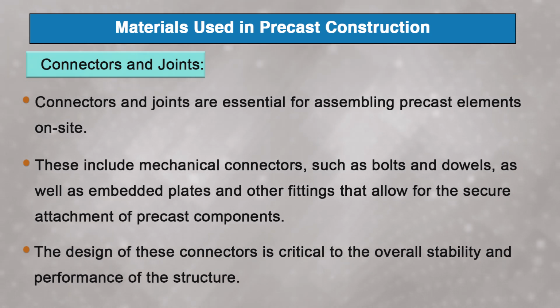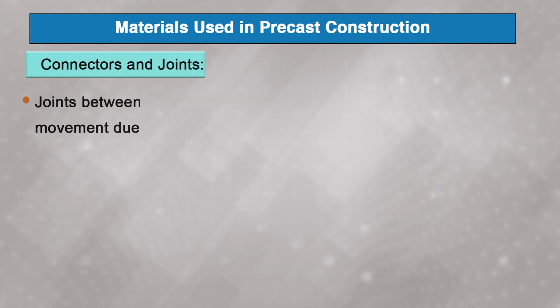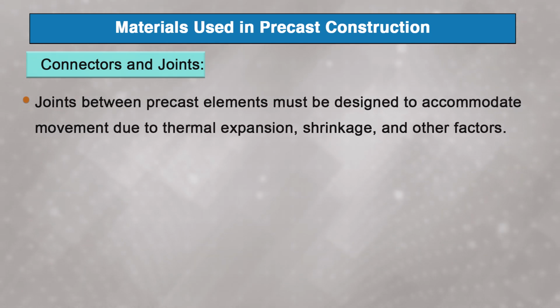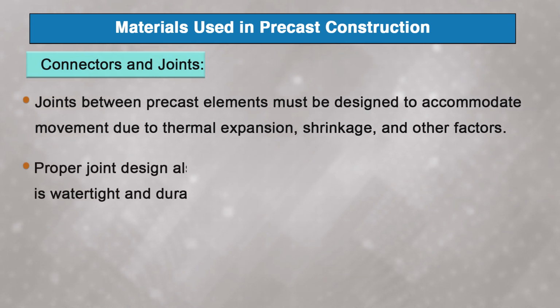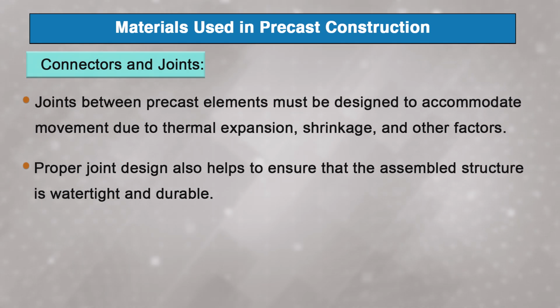Its practical application includes that in seismic zones, the design of connectors and joints is particularly important as they must allow for some movement while still maintaining the integrity of the structure. Joints between precast elements must be designed to accommodate movement due to thermal expansion, shrinkage and other factors. Proper joint design also helps to ensure that the assembled structure is watertight and durable.